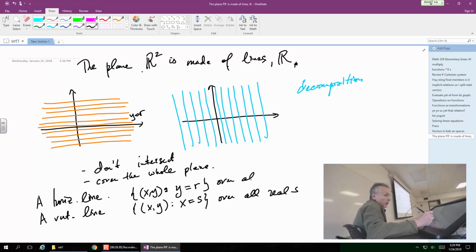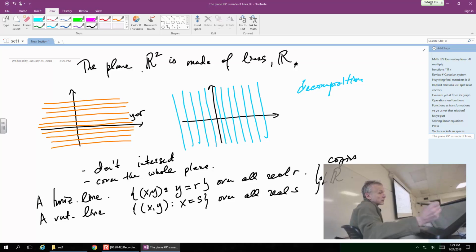And this is over all real r. So that gives you the whole thing. So each of these, that's the point I'm making, these lines are copies of R, right? So lower dimensional spaces make up high dimensional spaces. Okay? So that was dimension 1 versus dimension 2.